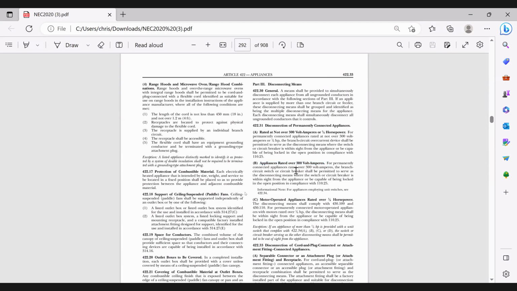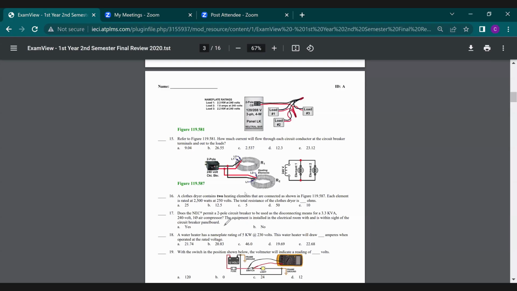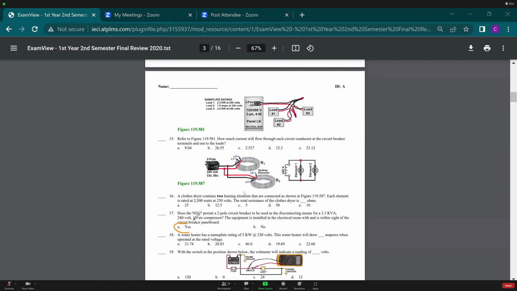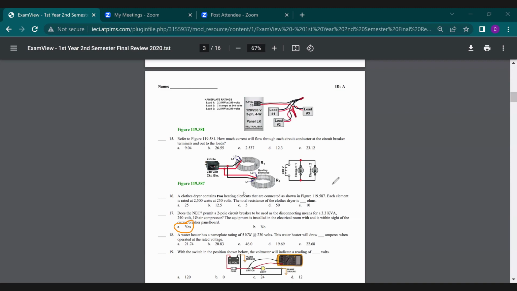For these permanently installed appliances, the branch circuit switch or circuit breaker shall be permitted to serve as the disconnecting means where the switch or circuit breaker is within line of sight of the appliance or capable of being in the locked position. For this, because the equipment is installed in the electrical room within sight of the circuit breaker panel board, then yes, it is permitted.